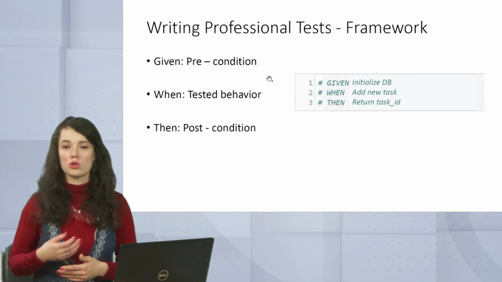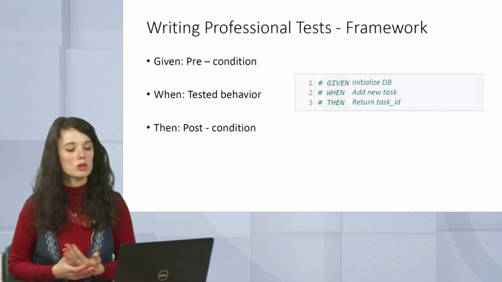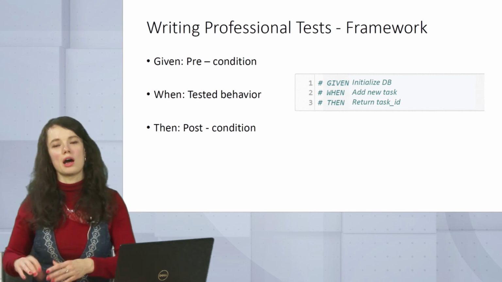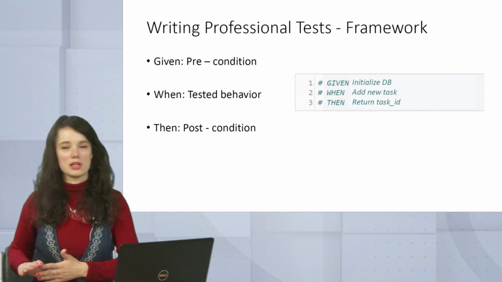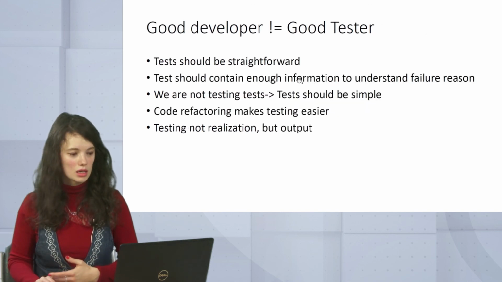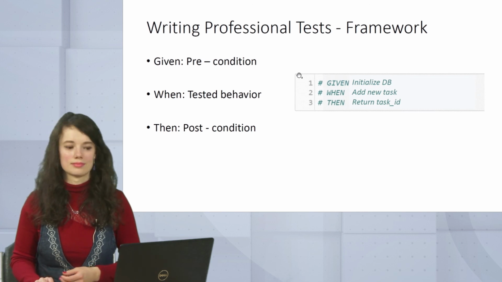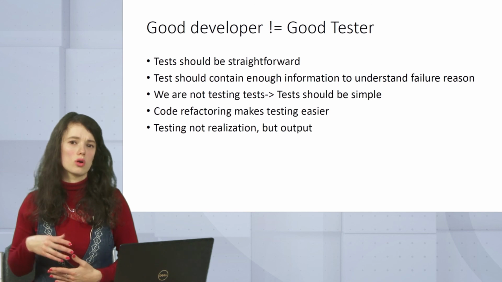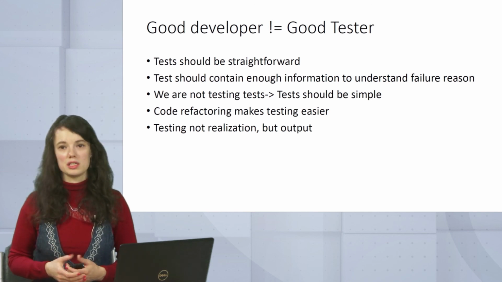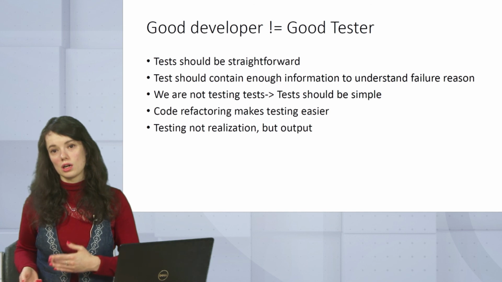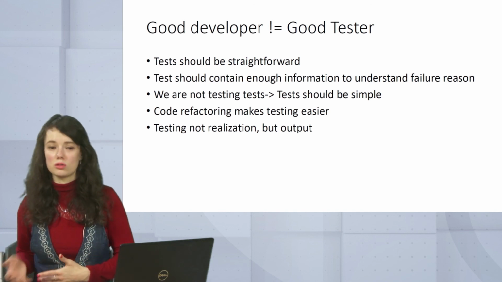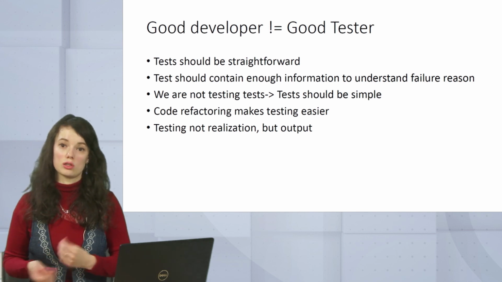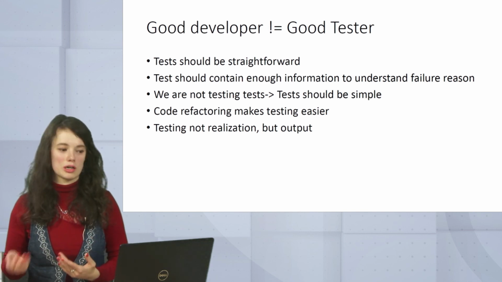For testing, you may want to use a framework with different parts, for example a given part, the counting part, and the output, but it's optional. An important point is that a good developer doesn't always mean a good tester, because testing code differs a lot from ordinary production code.